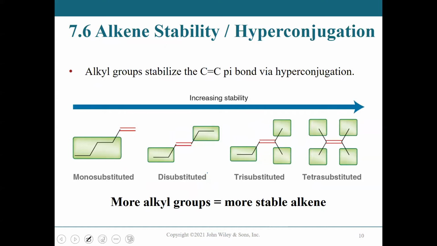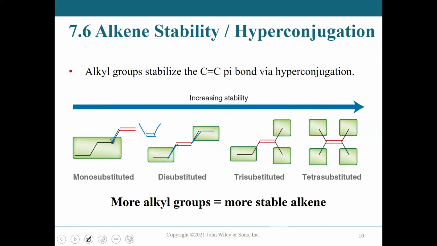Now, what about the branching, right? So here we see different types of alkenes. This is what we call a monosubstituted. Monosubstituted means that the alkene only has one carbon branch. Okay? So one branch right here. Disubstituted is like that. This disubstituted is trans, but you can also have a disubstituted cis. Now, between the cis and the trans, which will be more stable? Of course, the trans is going to be more stable than the cis, right?